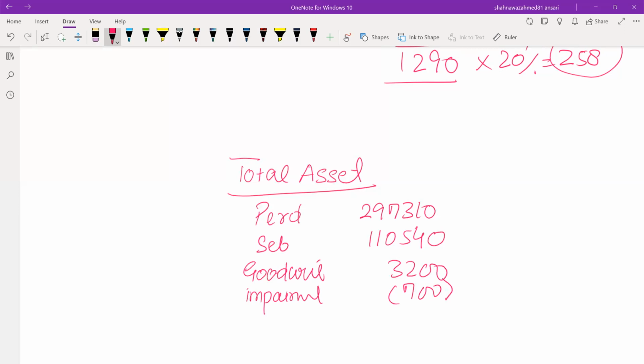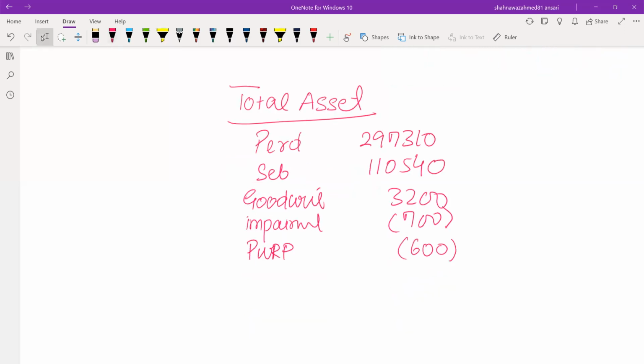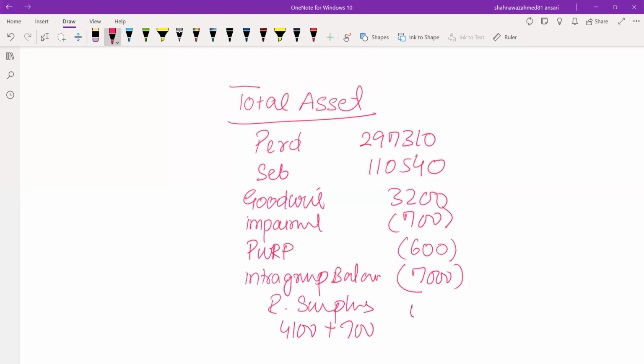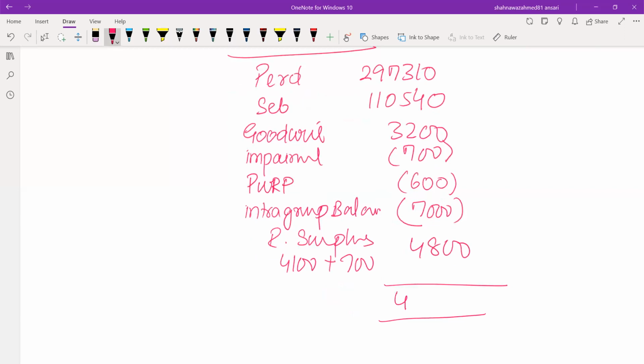Then unrealized profit, it will reduce the inventory figure by 600. Then we have intra-group balances, 7,000. And we have revaluation surplus because it will increase the asset by 4,800. So this is the total assets to be shown in consolidated SOFP.